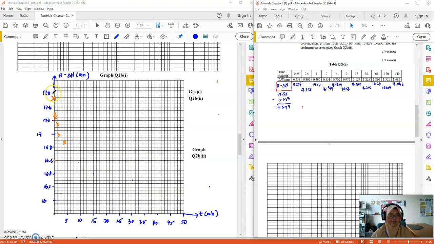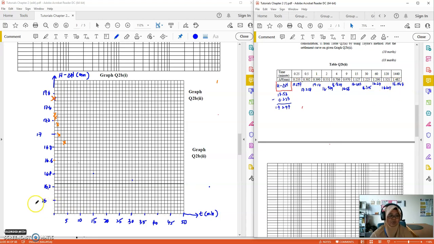Note that you need to try and error to build up the axis size. You need to skim and scan what the range of the delta H that you need to plot. We know that it starts from 17 millimeter and the lower is about 16.